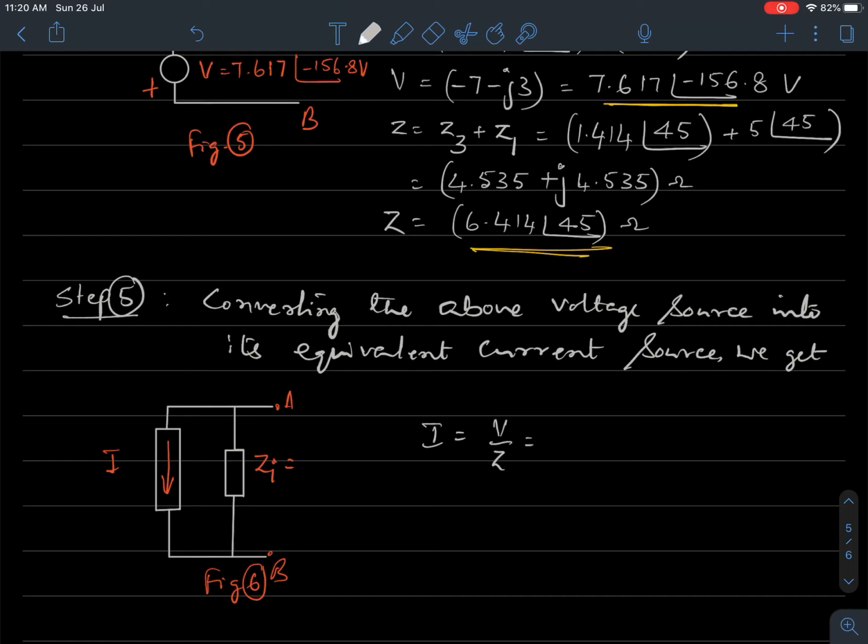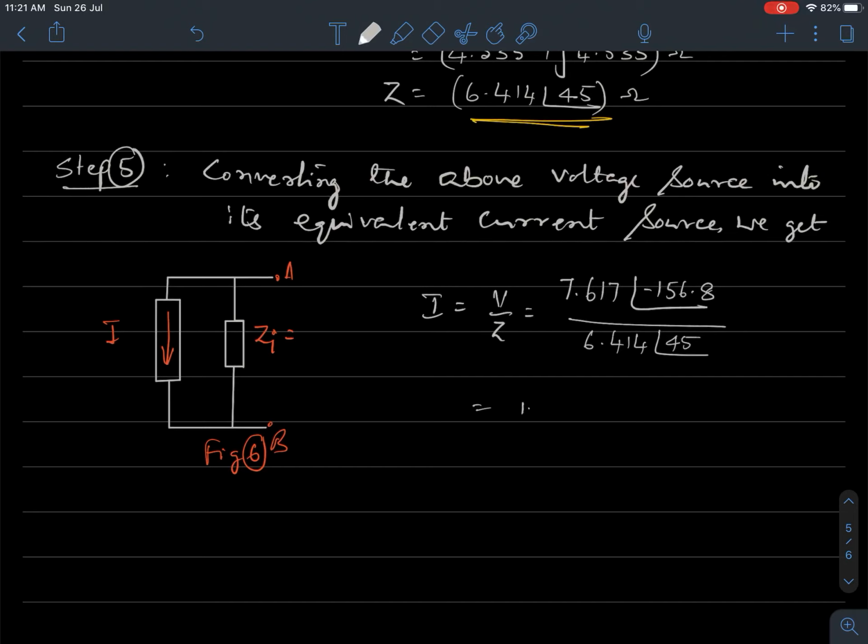I is equal to V by Z. You have found V, whichever format you can take, polar or rectangular. I will take polar here, minus 156.8 divided by the impedance 6.414 at an angle 45.